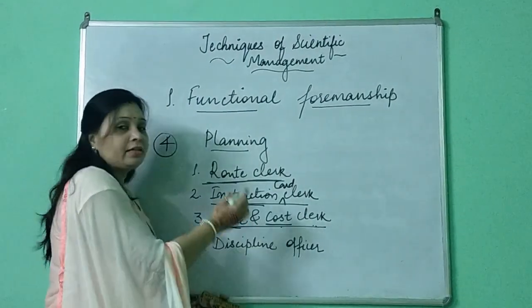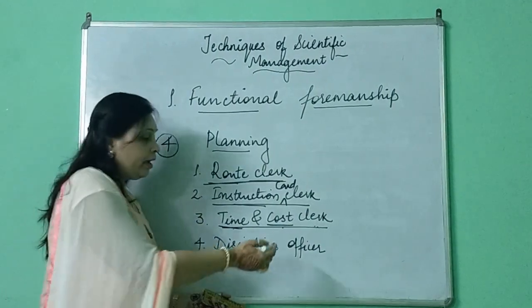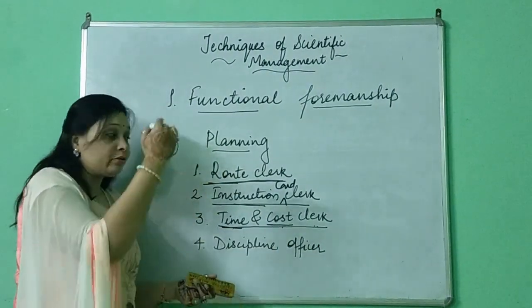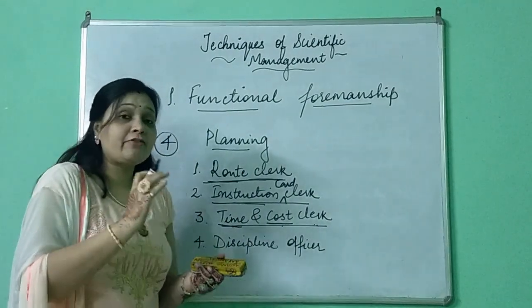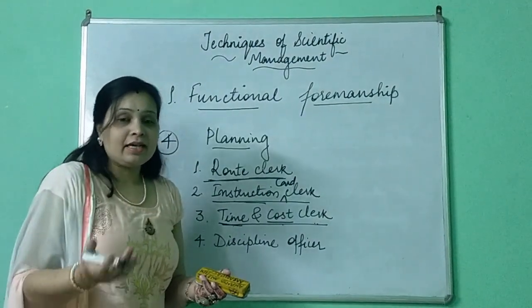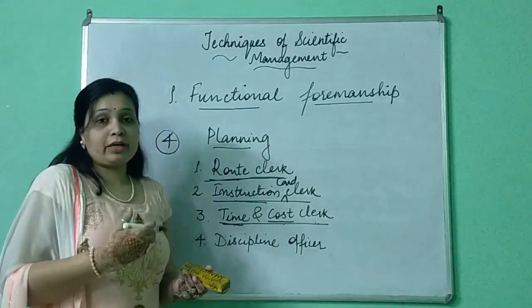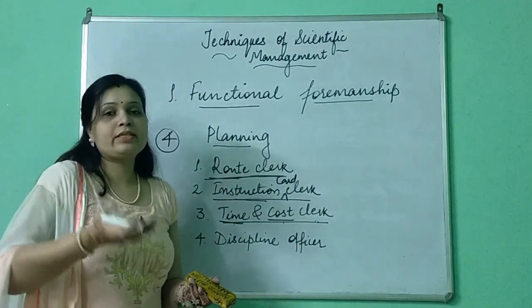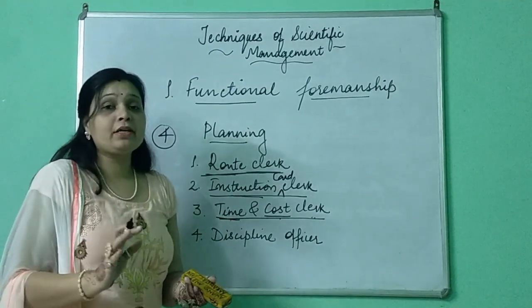So he decides how much time should be given to that particular activity and how much cost. That work should be completed in how much cost, because if the cost of production increases, it lowers our profit margin. So cost of production is very important.